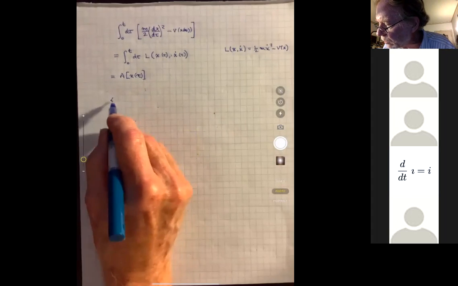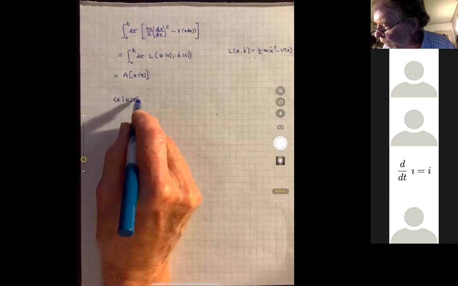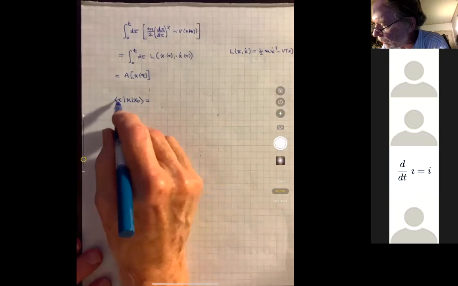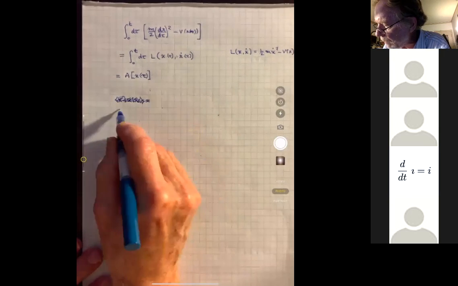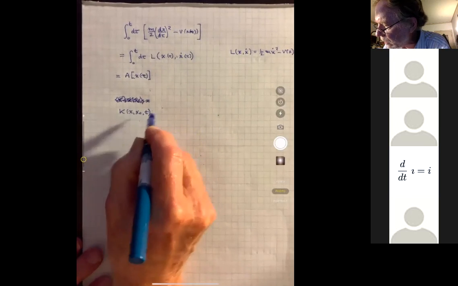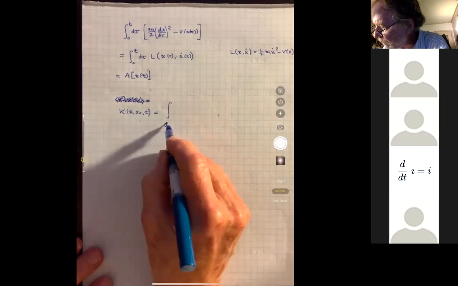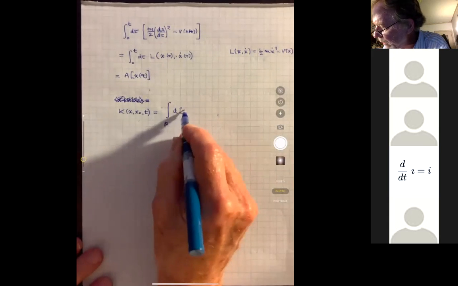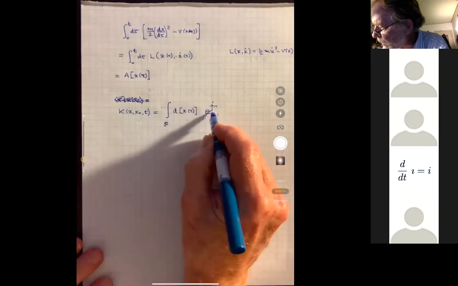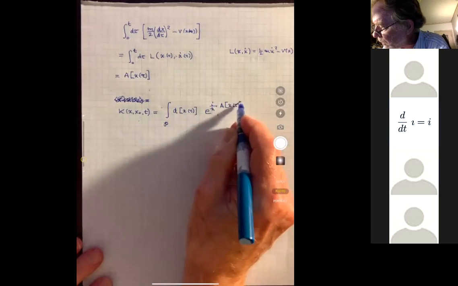If we make all those notational changes, then our propagator, which is K of x, x0, and t, the matrix elements of the time evolution operator, can now be written this way: as an integral over the path space P of d of x of tau, and then we have e to the i over h bar, the action functional A of x of tau, like so.